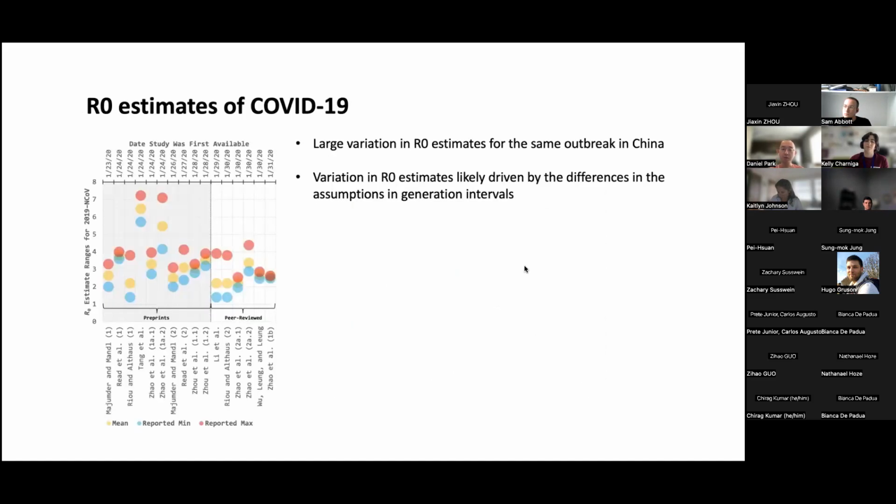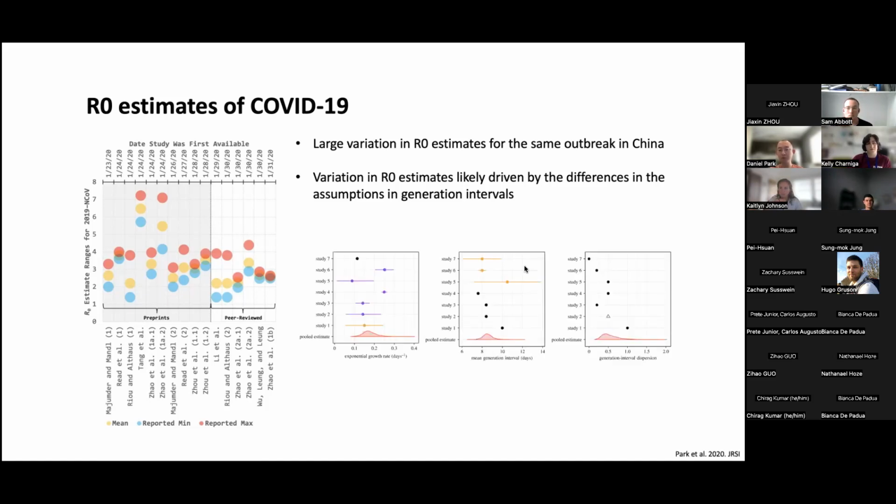One piece of work I did looked at the beginning of the COVID outbreak. There was large variation in R naught estimates for the outbreak in China, even though everyone was essentially looking at the same epidemic. Everyone was observing the same growth rates, but they were all estimating different R naughts, ranging from 1 point something to 6 point something. We argued that this variation in R naughts was likely driven by assumptions about generation intervals.